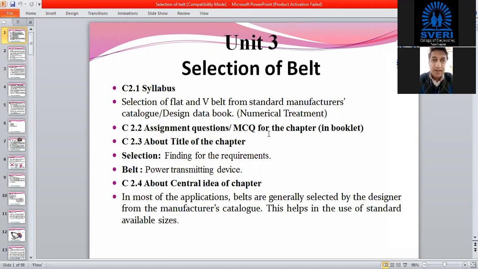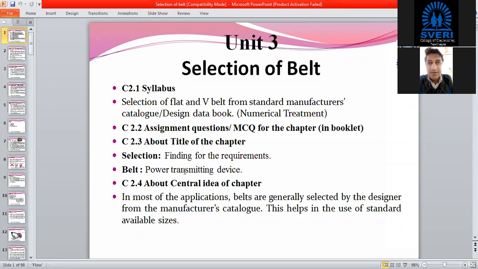Then, title selection means actually we are not going to directly design belts. That is nothing but what should be the length of that belt, what should be the width of that belt, what should be the thickness of that belt, which material we are going to use for that belt, because belts are manufactured from different materials. In that case, directly we are going to select that belt as per our requirement.